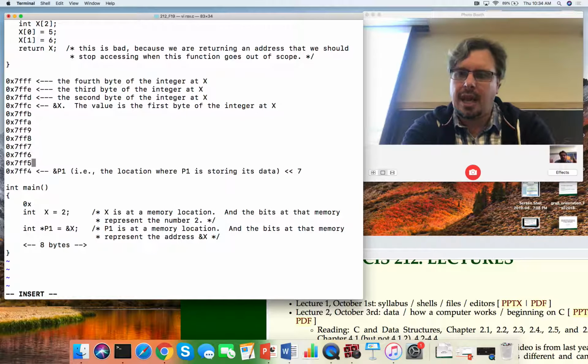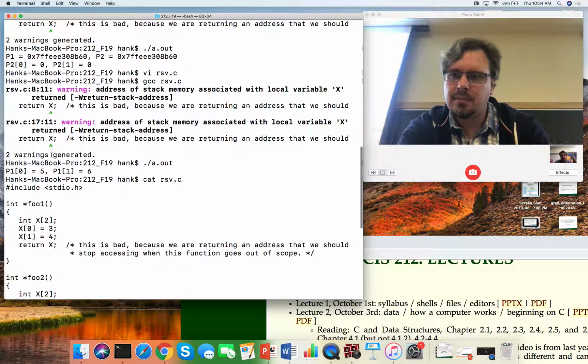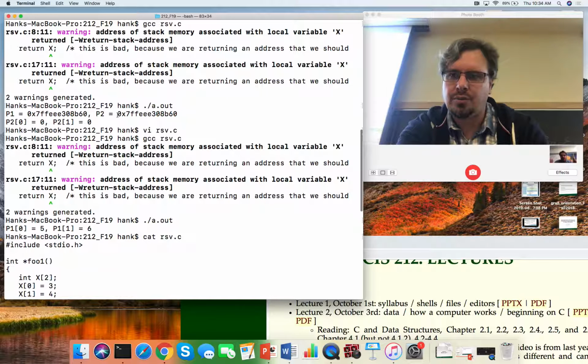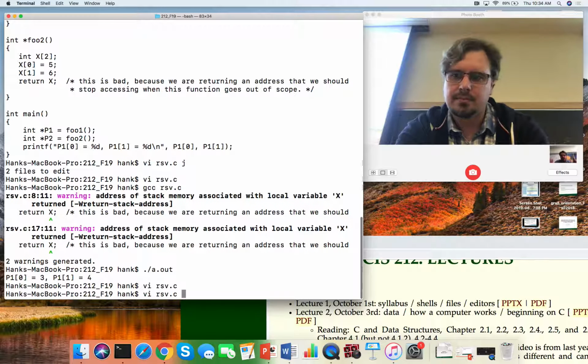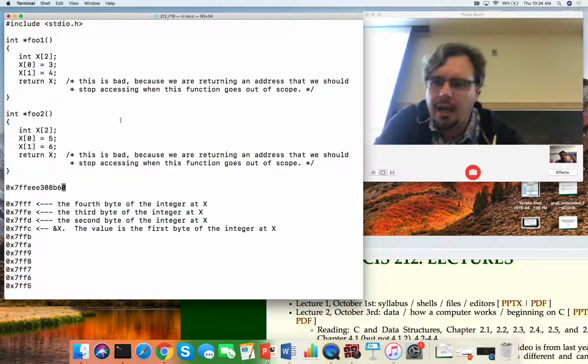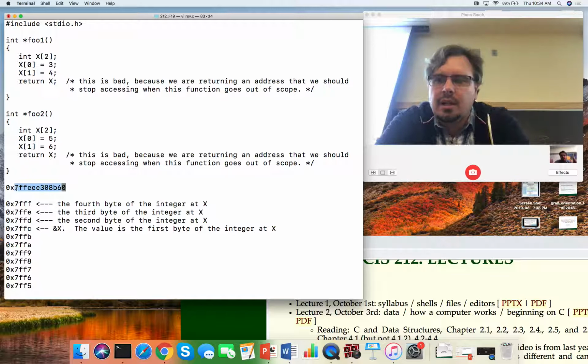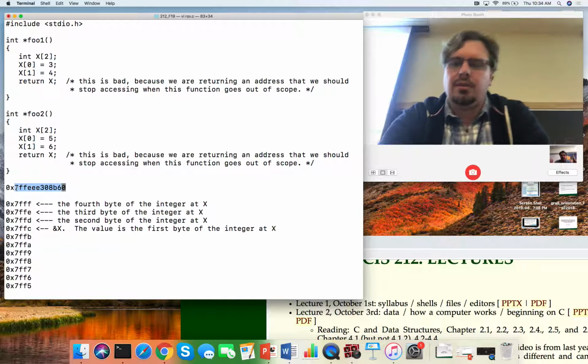And then the address, let's look at a real address. Here's a real address. This address has 1, 2, 3, 4, 5, 6, 7, 8, 9, 10, 11, 12. I'm kind of surprised. So it has only 12. Those aren't bytes. They're hexadecimal, so 16 values.